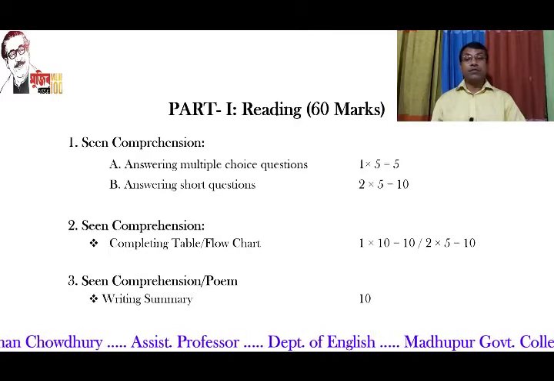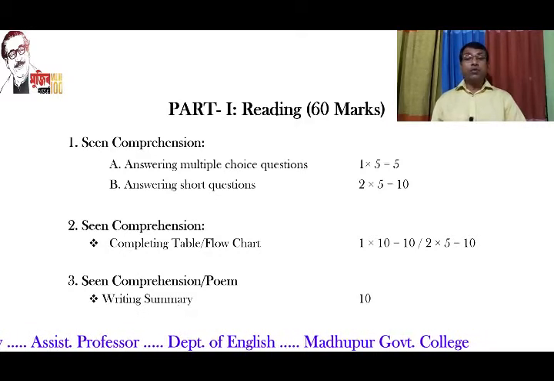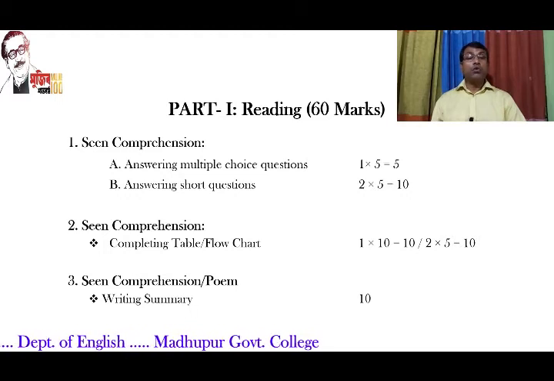contain 10 marks. So dear students, you can see that in question number 1, 2 and 3 comprehensions will be selected from the textbook, and this also indicates that the reading of the text is very important.